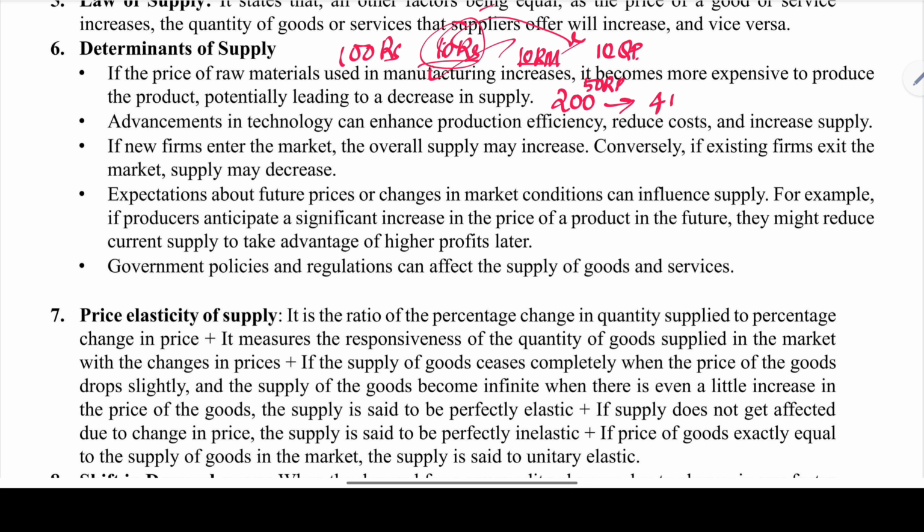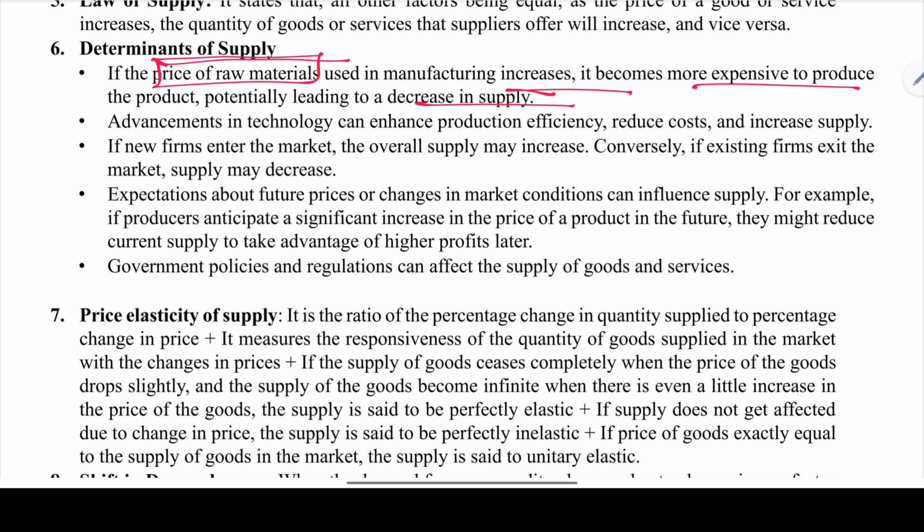Now I can have only 4 outputs. Even when my money has increased from 100 to 200, I get just 4 outputs. It is becoming expensive to produce, therefore we say it is a decrease in the supply. If the price of the raw material increases, it results in a decrease in the supply.